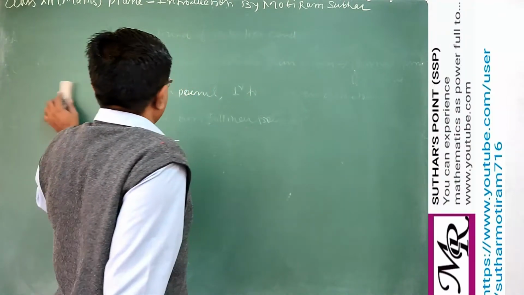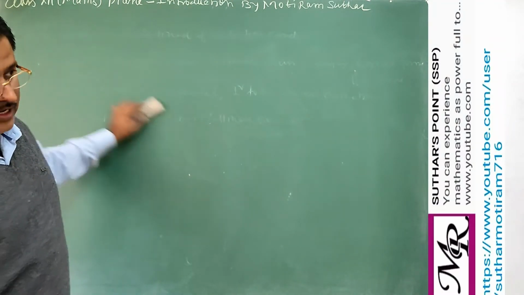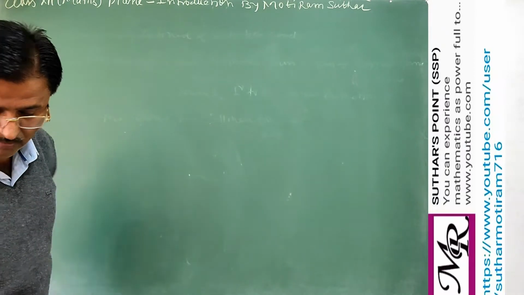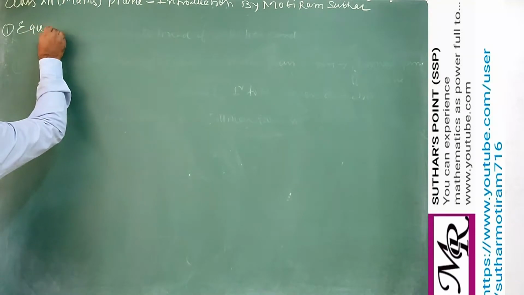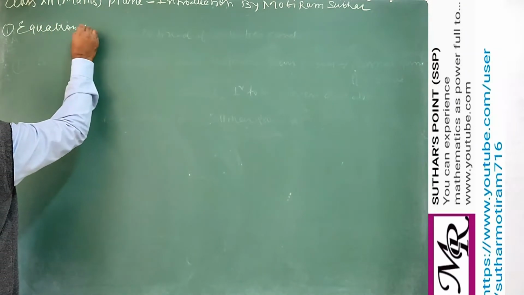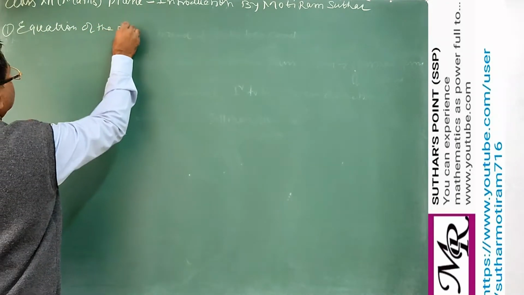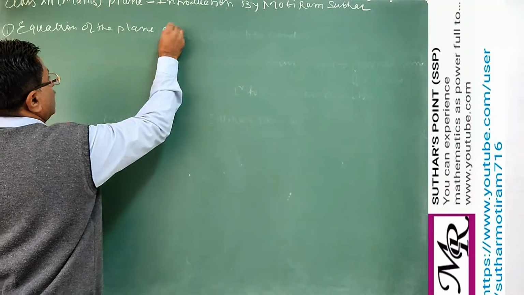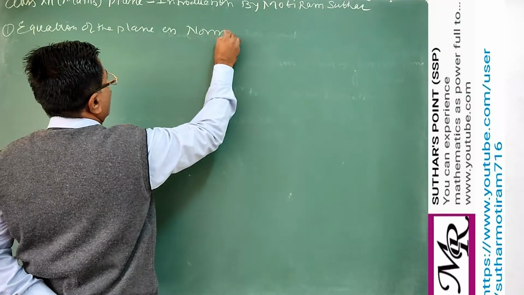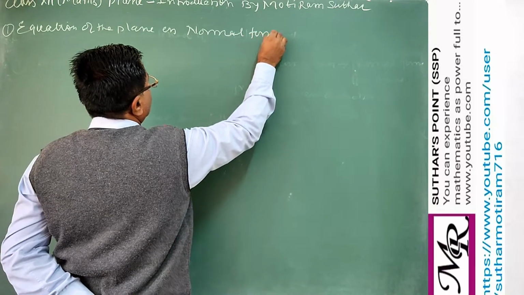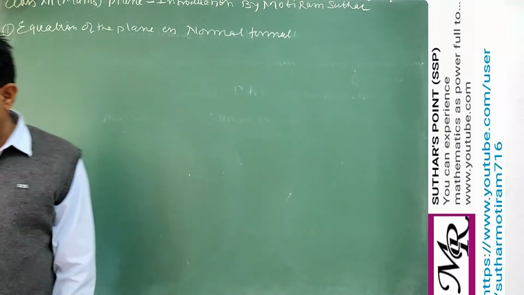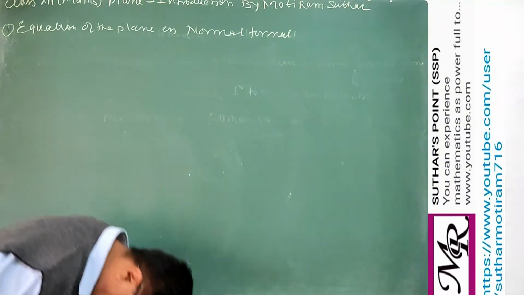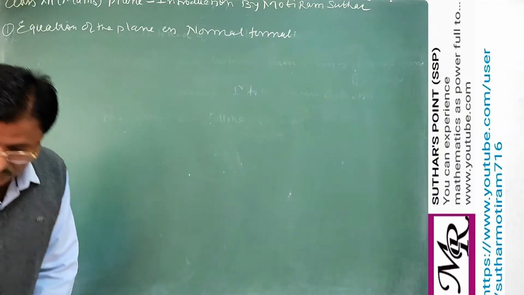So first we take the equation of the plane in normal form. We derive the formula for finding the equation of the plane in normal form.